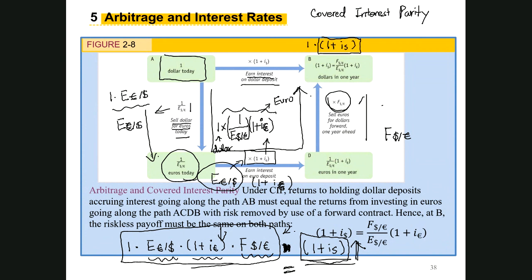So if you manipulate the mathematical equation, this will become F, the ratio between the future exchange rate and the spot exchange rate, it's equal to the ratio between home country and foreign country.